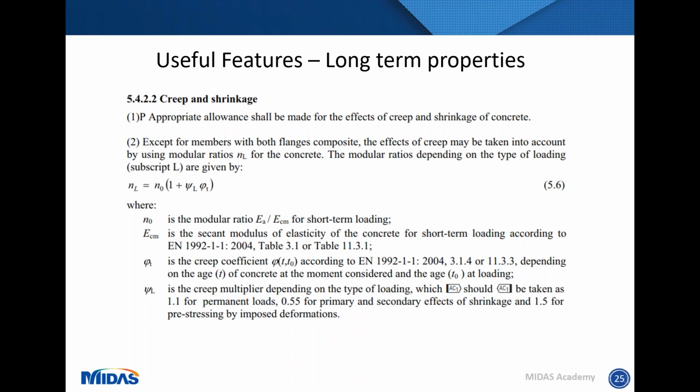Within BS EN 1994 Part 2, there's a clause which allows you to use a slightly different modular ratio when you're taking into account effects for creep and shrinkage. The software has a useful function that allows you to define these properties and then apply them to different load cases that you're looking at. So this is one of the functions that I chose to take advantage of.